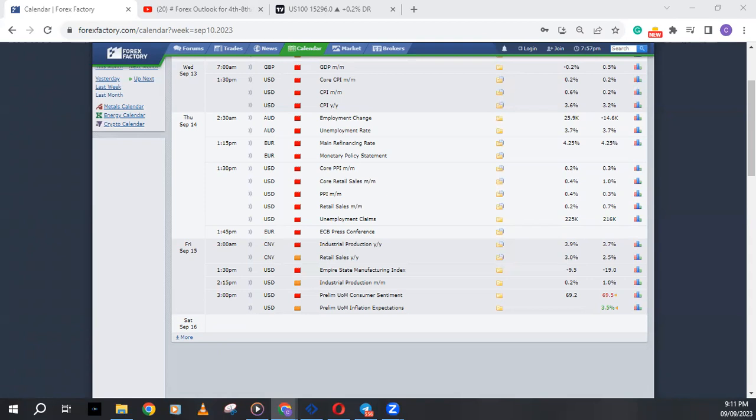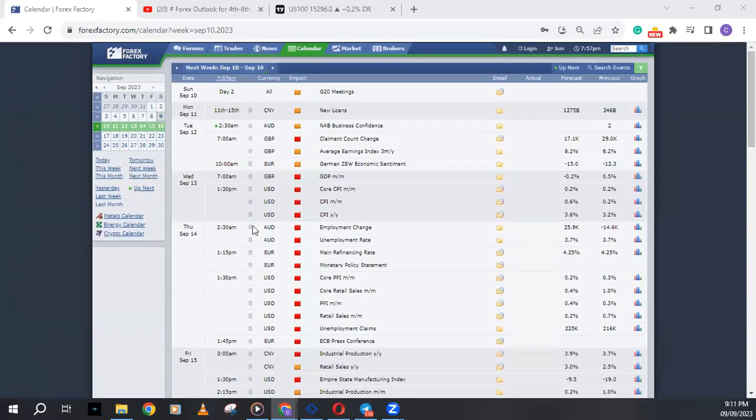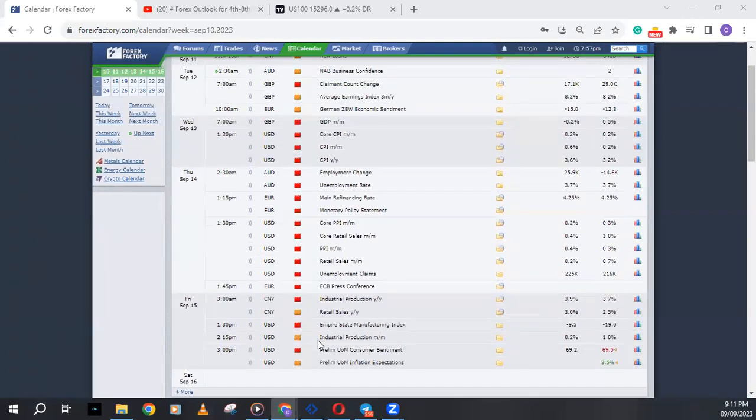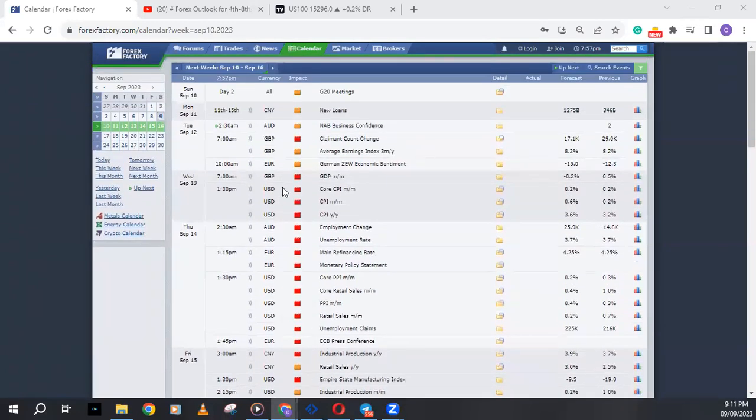As always, we're going to start off with the economic calendar. Looking at it, we can see that Wednesday and Thursday are going to be very interesting. We have CPI on Wednesday for USD.